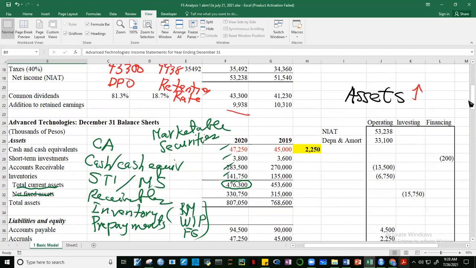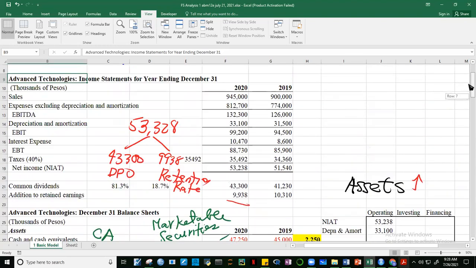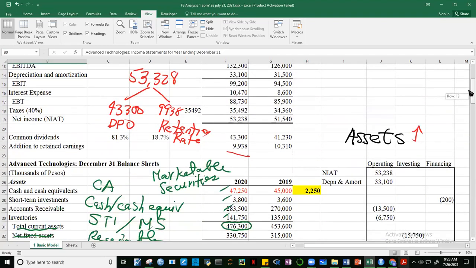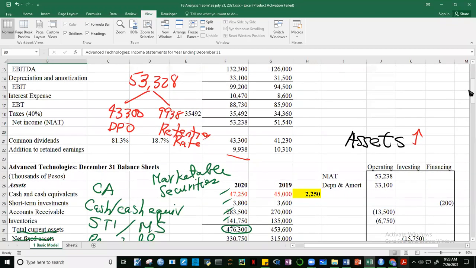So we always start with the net income after tax. Okay, and we get this from the current income statement. Remember, guys, we're preparing the cash flow statement for 2020. So dapat yung net income na 2020, kunin natin this one.